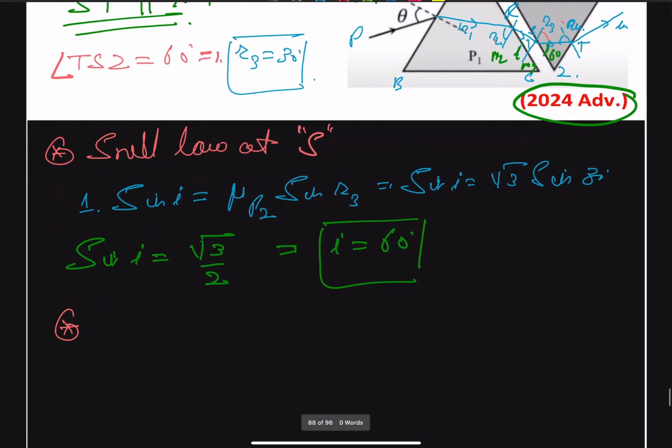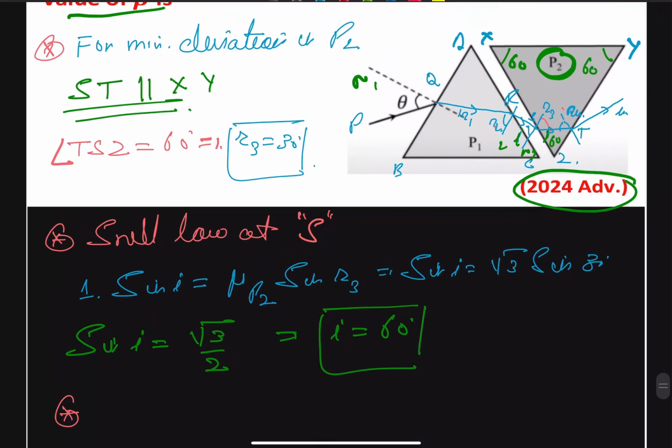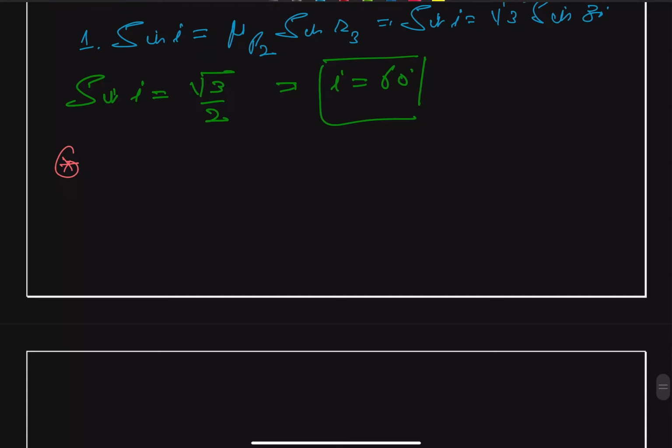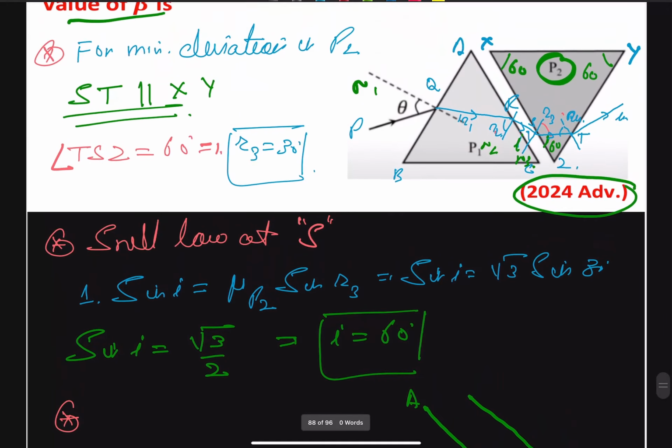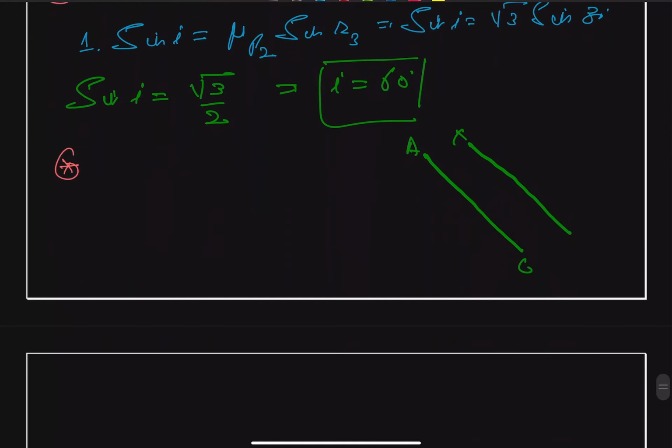You can say normal, this is our n2 and this is our n3. Let me draw it here. So we have these two parallel surfaces. This is our A and this is our C, and we have this as X and Z. One normal is here and another normal is this one. So this is our n2 and this is our n3, and we found out that this particular angle is our 60 degrees.